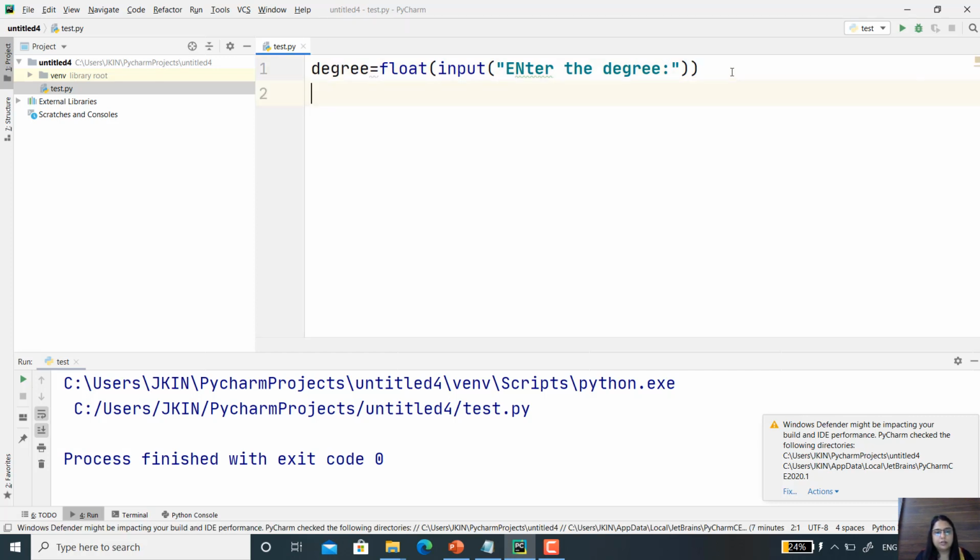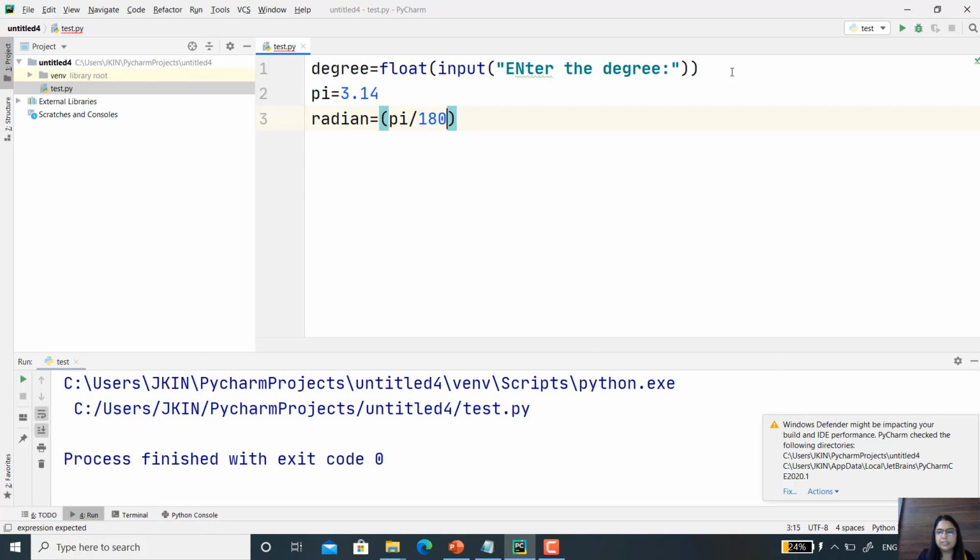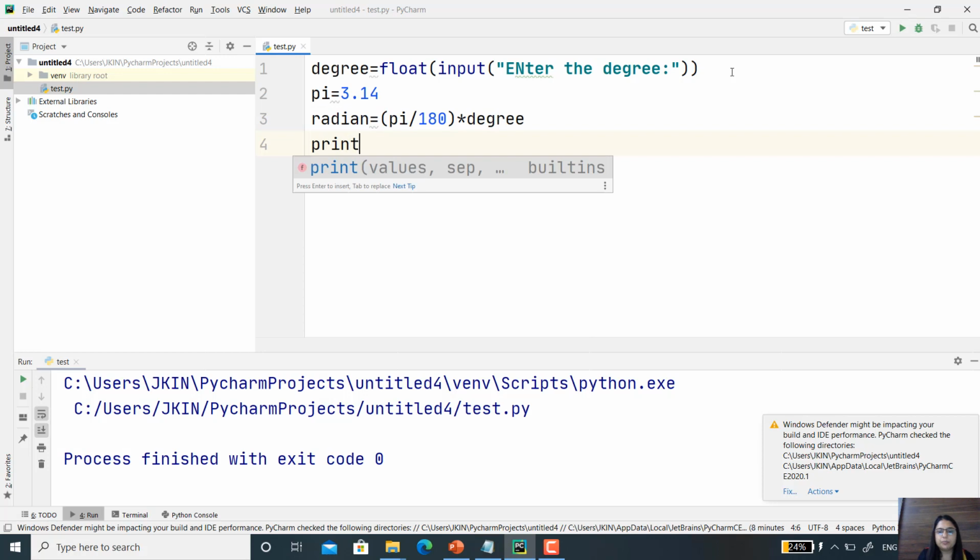Now initialize the value of pi equal to 3.14. Now use the equation that we know: radian equals pi divided by 180, and then multiply that with the degree, and we want our answer in radians. So print radian. Now let's execute this code.